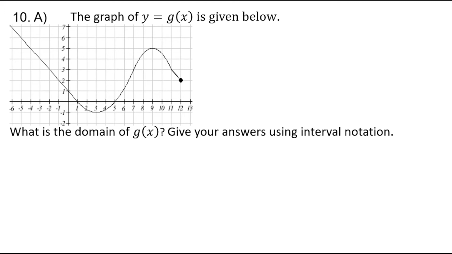So if I look here, if I start at the end, going toward the left, I know there's not an arrow on here, but this graph is actually continuing in this direction all the way through negative infinity.